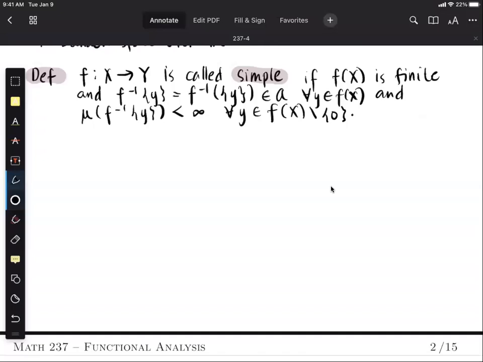The range is finite. The inverse images of each singleton consisting of elements of the image will be in the algebra, and the pre-measure of these inverse images should be finite for any point in the range except possibly at 0.